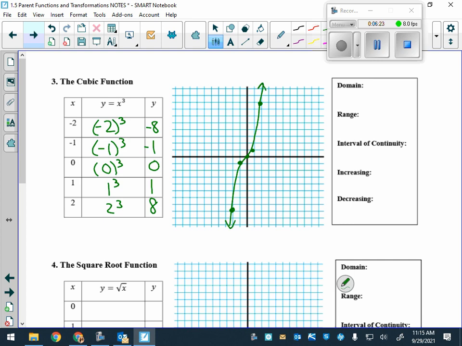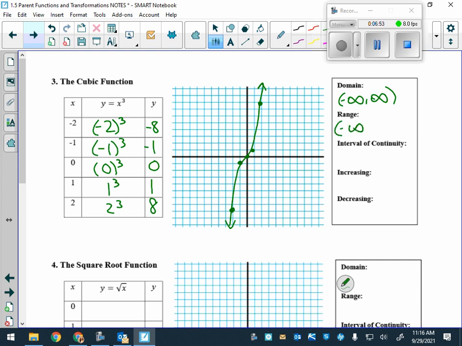Again, we're only using a small table of values. What is my domain? Yeah, Sam. Good. What is my range? Jackson.